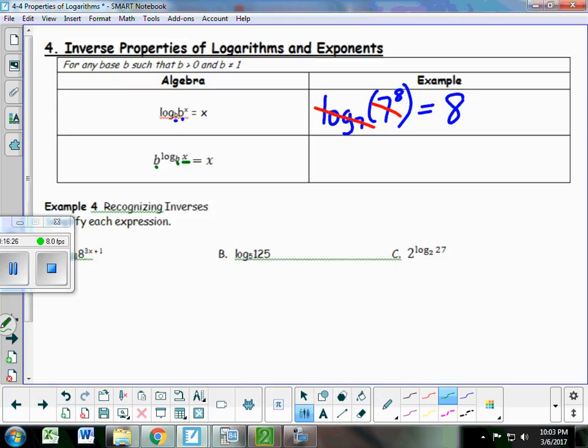For example, if we have a base of 3 raised to a power of log base 3, it doesn't really matter what I put in here, but it's going to be the answer. So let's say 28. So 3 raised to the power of log base 3 of 28. The base 3 and the log base 3 are going to cancel, and we're left with that 28.